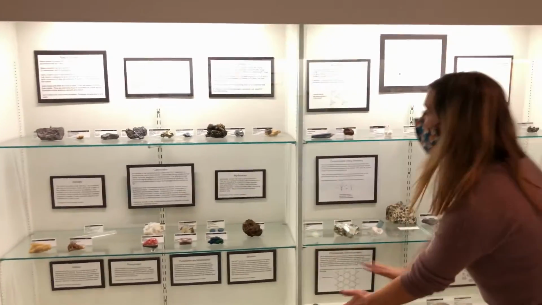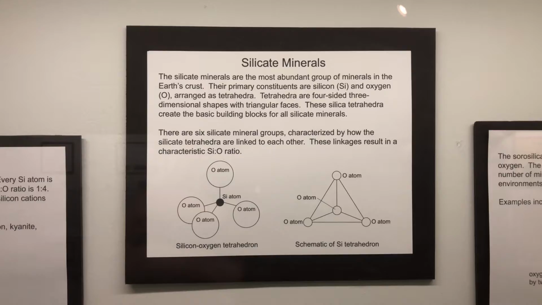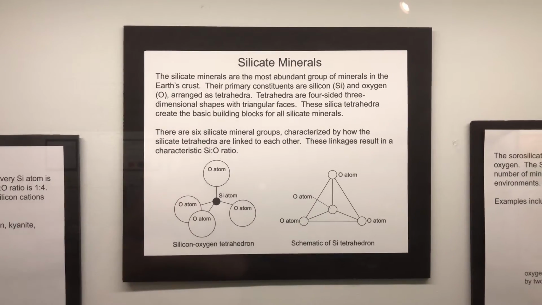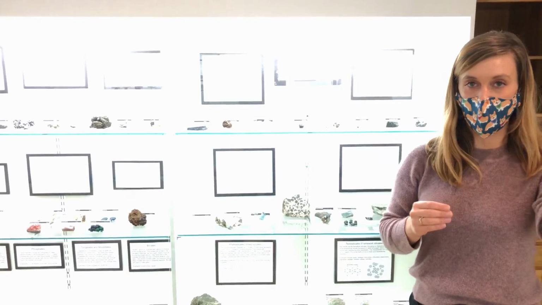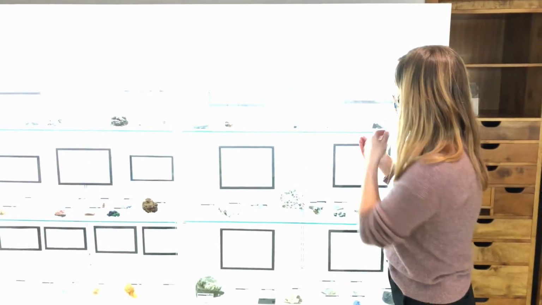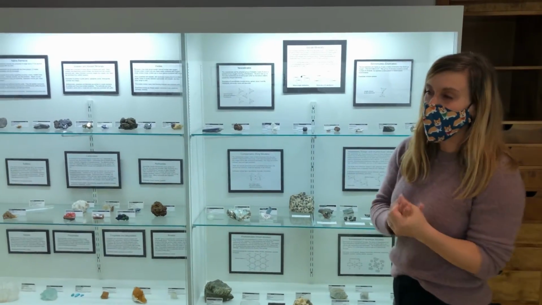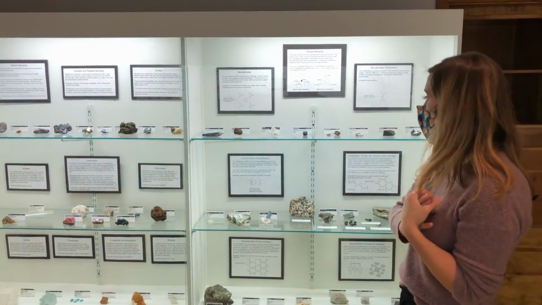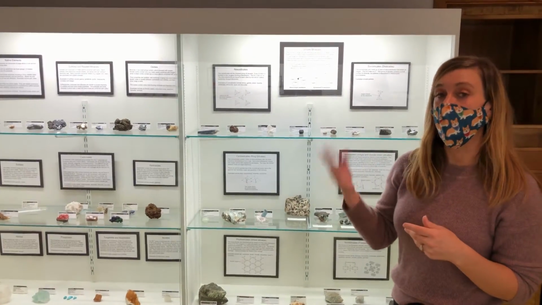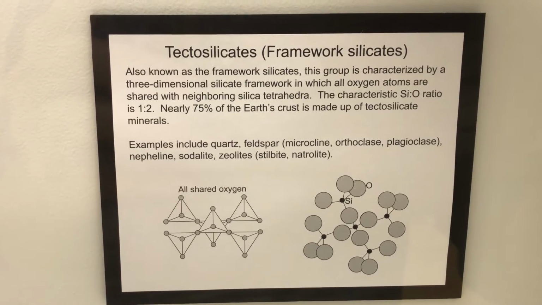Silicates, which this entire right-hand side is dedicated to, can be further subdivided depending on how many silicon atoms you have to an oxygen atom. When you think of quartz and feldspar, these are both framework silicates, also known as tectosilicates.